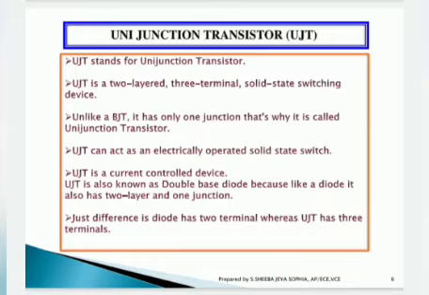It is also known as a double base diode because, like a diode, it also has two layers and one junction. The major difference from the diode is that a diode has two terminals, whereas the UJT has three terminals.